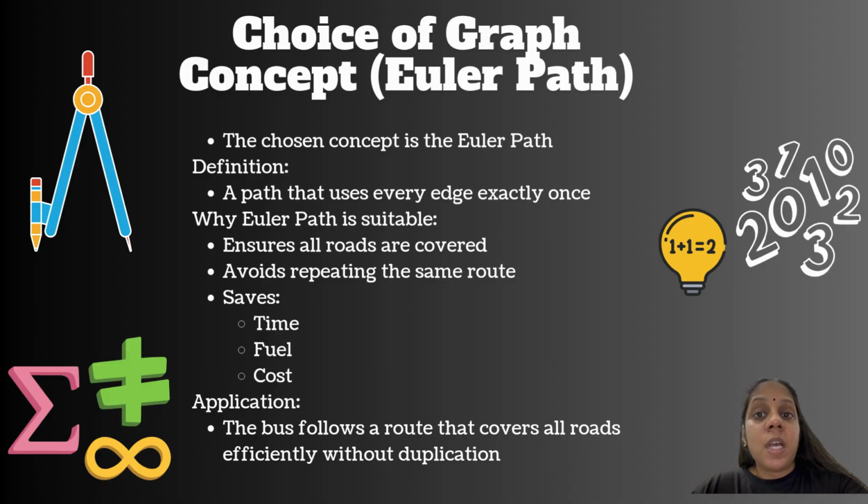The bus must cover every road, but we don't want to repeat a road unnecessarily. So the Euler path helps us cover all the roads, avoid repetition, and save time and fuel. Let me ask you, will it be efficient if the bus keeps going back and forth on the same road? Of course not. That's why the Euler path is the best choice here.